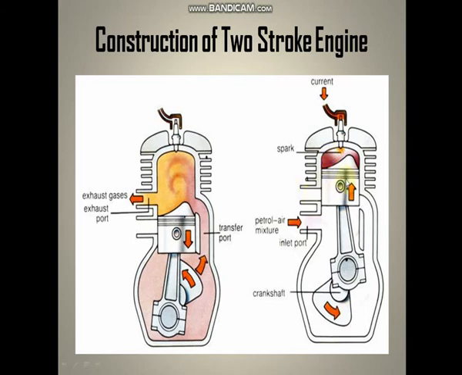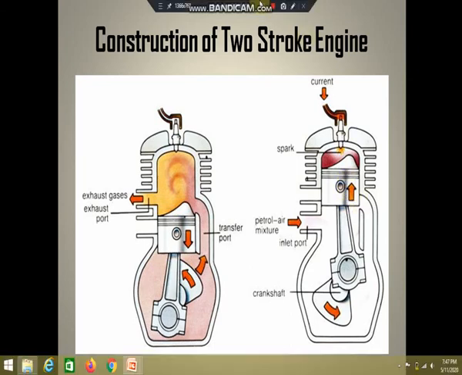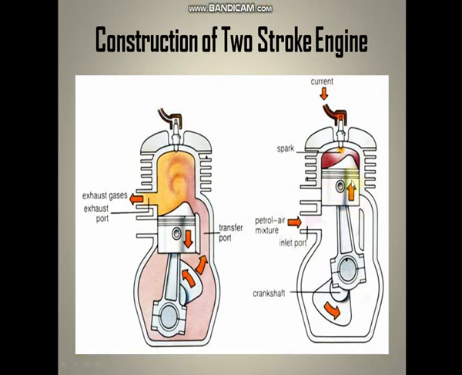With further movement, the piston will also uncover the transfer port, and when it does, a sufficient amount of air fuel mixture from the crankcase will pass through this transfer port and deflect towards the top of the cylinder, because this is known as the deflector.